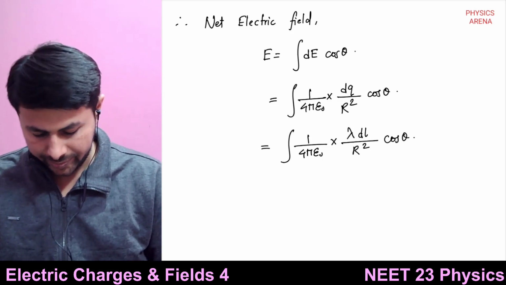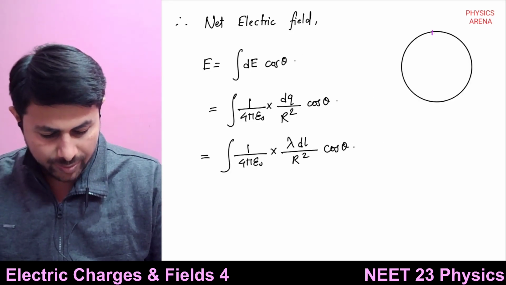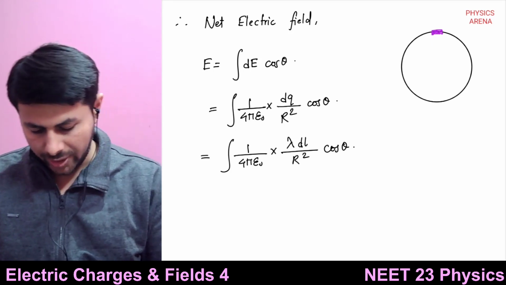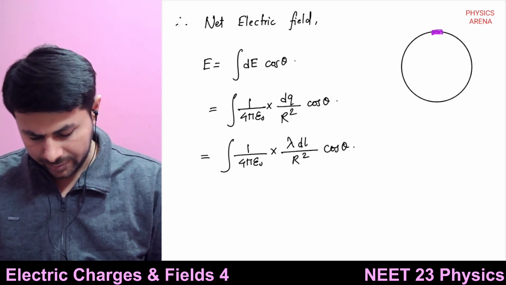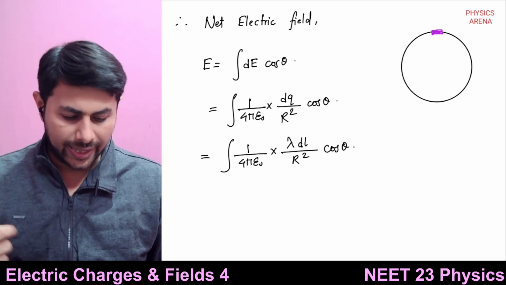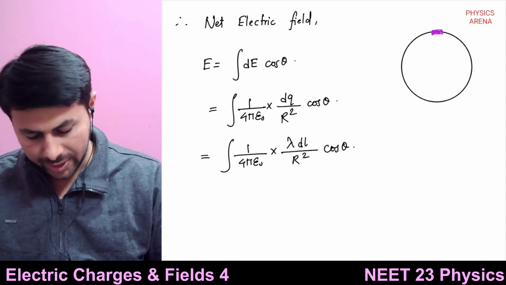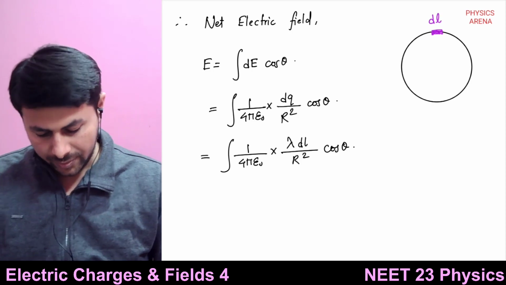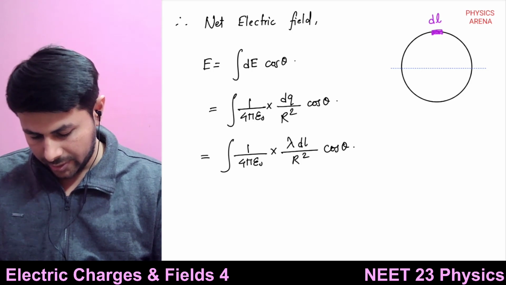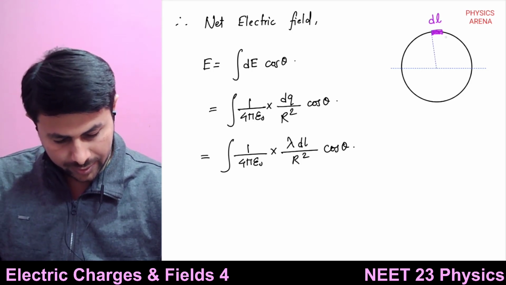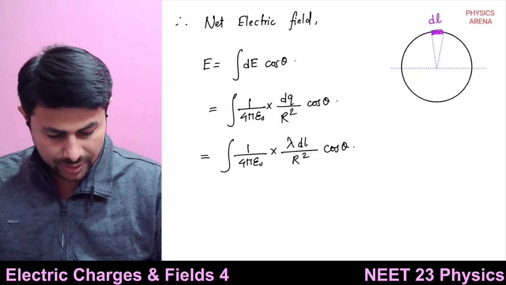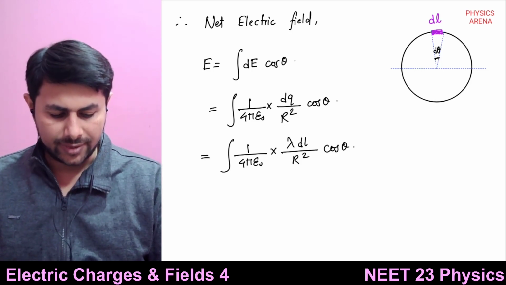So see how. If you take a small length element here, it subtends an angle d theta. Let's call the angle d theta because this is the small length element dl. It subtends an angle d theta at the center. Okay, so this much angle is d theta.